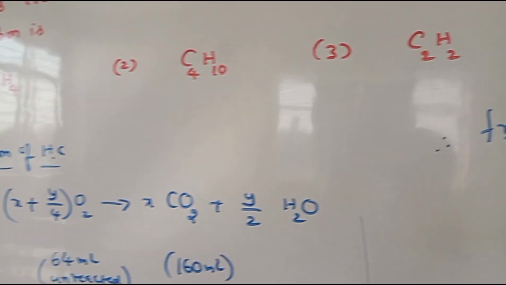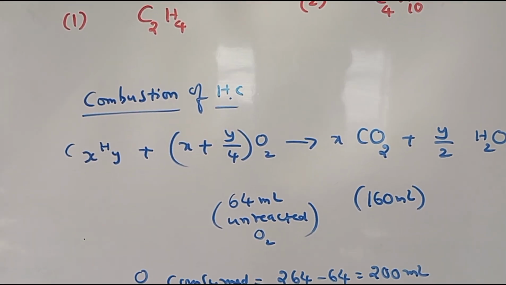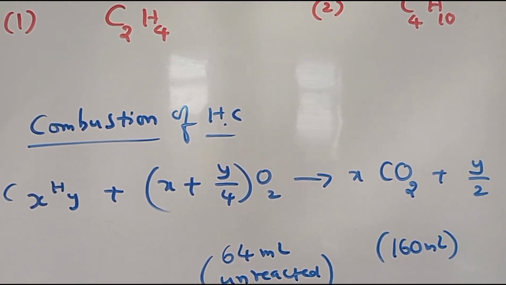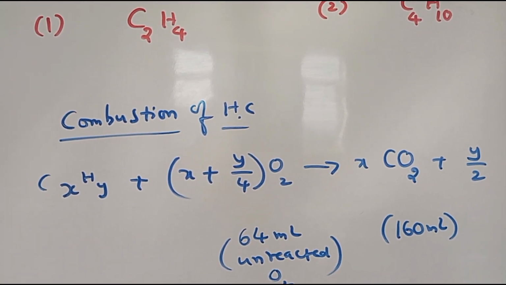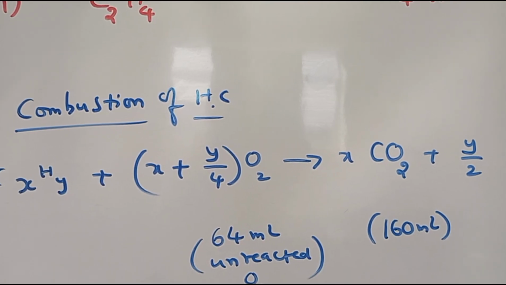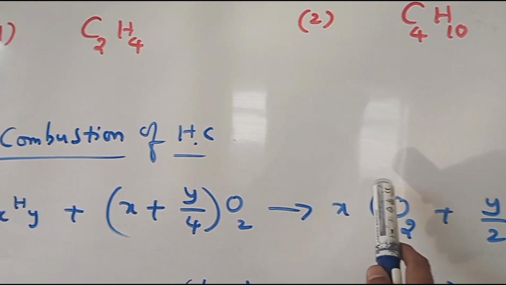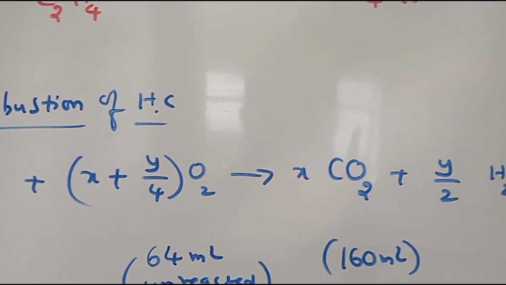Let us see how we have solved it. For the combustion of a hydrocarbon, the general formula we have to take is CxHy plus (x plus y by 4) O2 gives rise to x CO2 and y by 2 H2O.